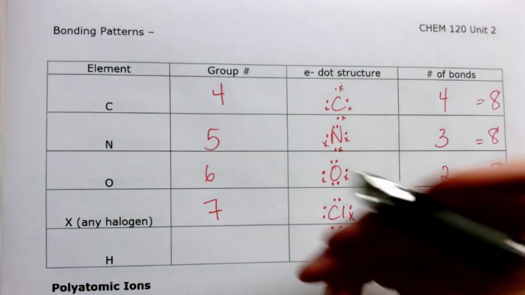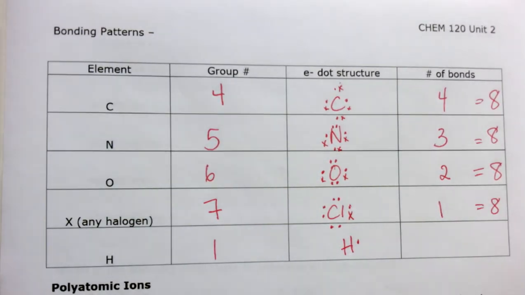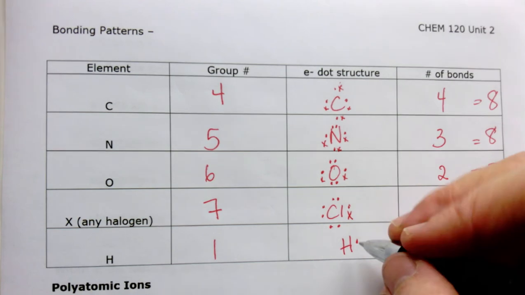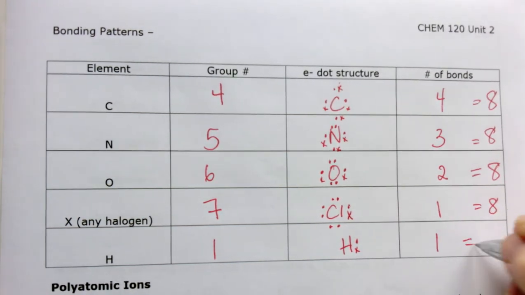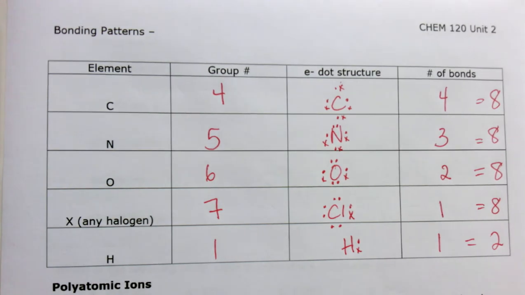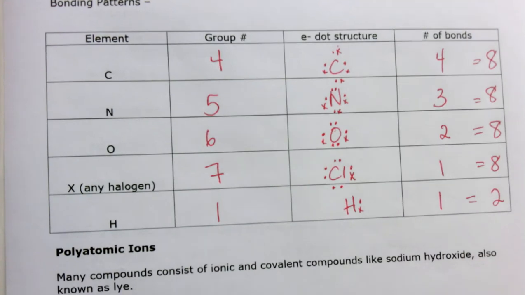Now hydrogen is in group 1. That's what its Lewis or electron dot structure looks like. So it just has 1 spot, so it's just going to have 1 bond. And again, remember, hydrogen is a minimalist. 1 plus 1 equals 2. It does not want any more than 2 electrons. All right, so those bonding patterns will help you later on.